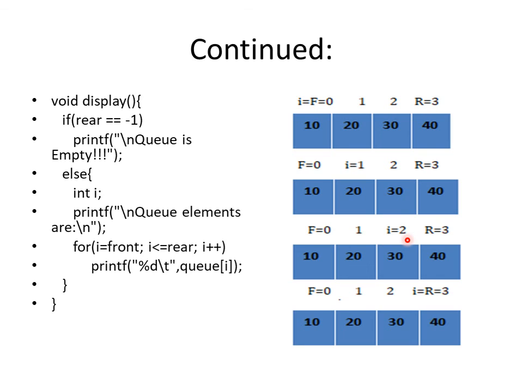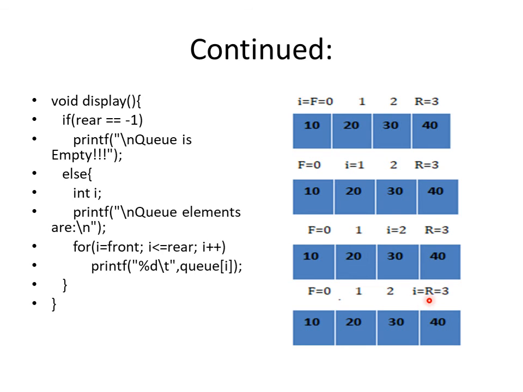Similarly, I equals 2, that means I plus 1, 1 plus 1, that is 2. That value is 30. Once again the I value is incremented, I equals I plus 1, that is 2 plus 1. Here you can see I equals 3, that value is 40. But what happens here?